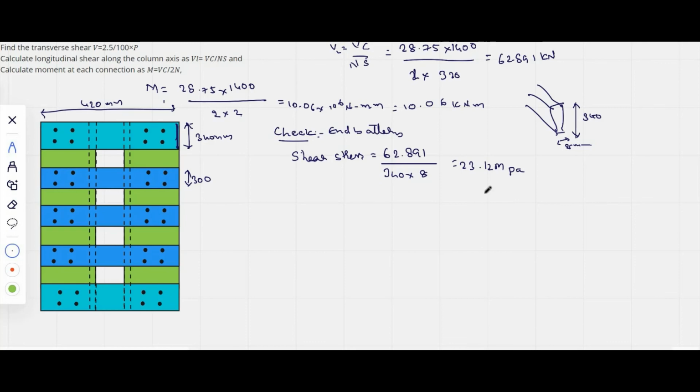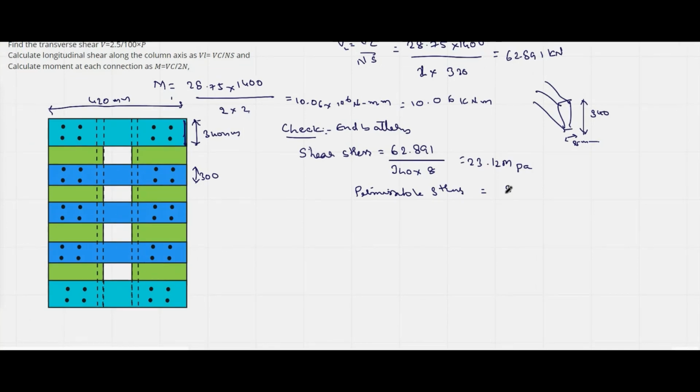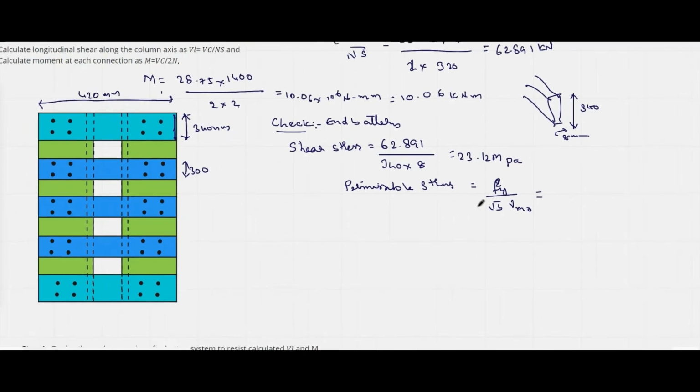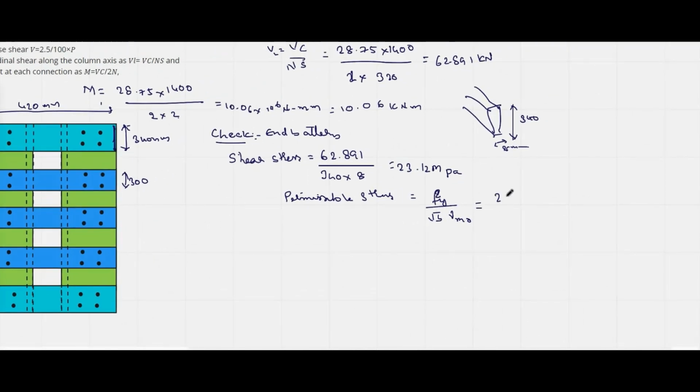This value should be less than permissible shear stress. So what is the permissible shear stress? Permissible stress is nothing but Fy by root 3 into gamma m naught, 250 by root 3 into 1.1.